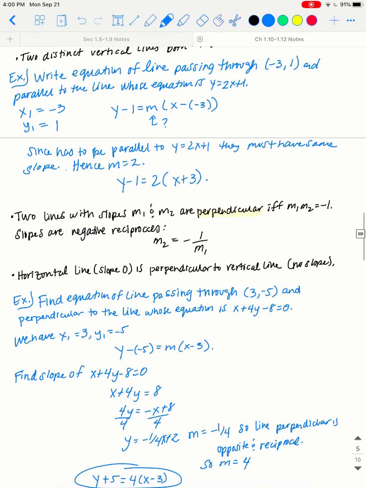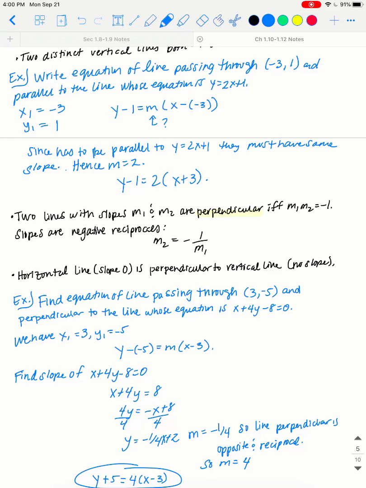Okay, so for example, we're going to write an equation of a line passing through -3, 1, and parallel to the line whose equation is y equals 2x plus 1. Okay, so we know our x1 is -3 and our y1 is 1. So we plug those into our point slope formula and we get y minus 1 equals m parentheses x minus -3.